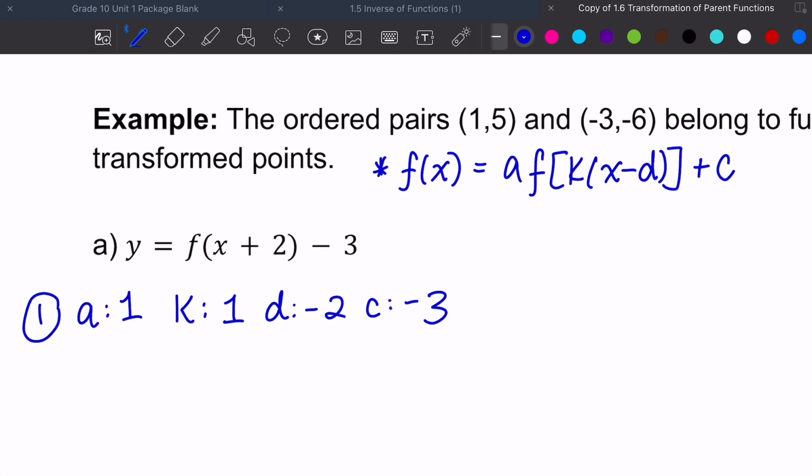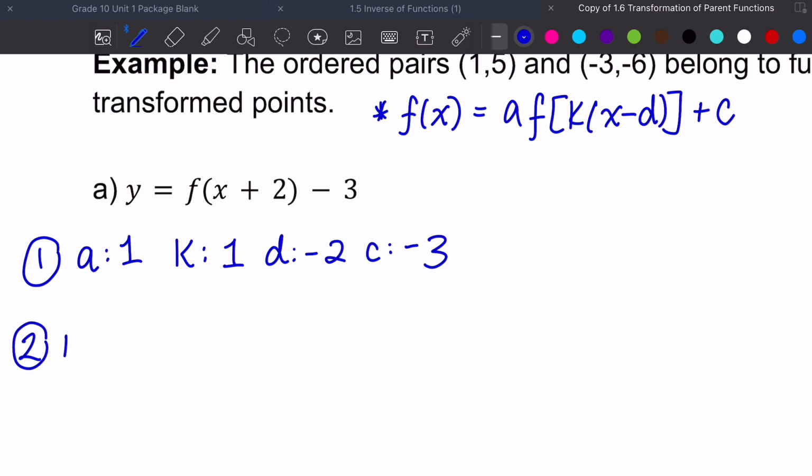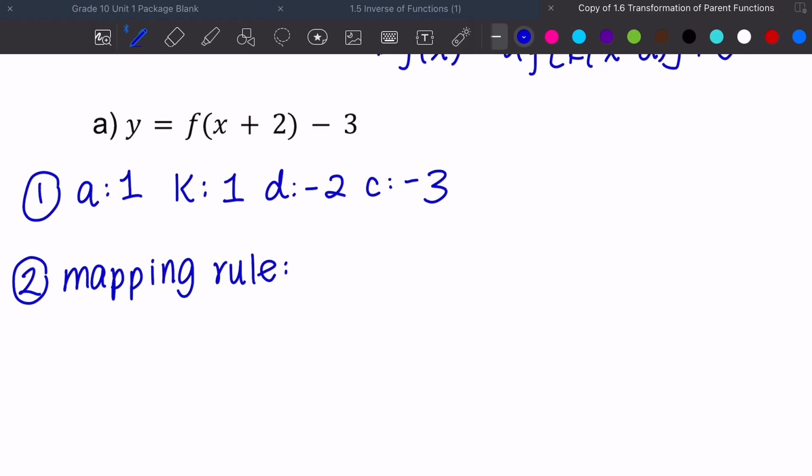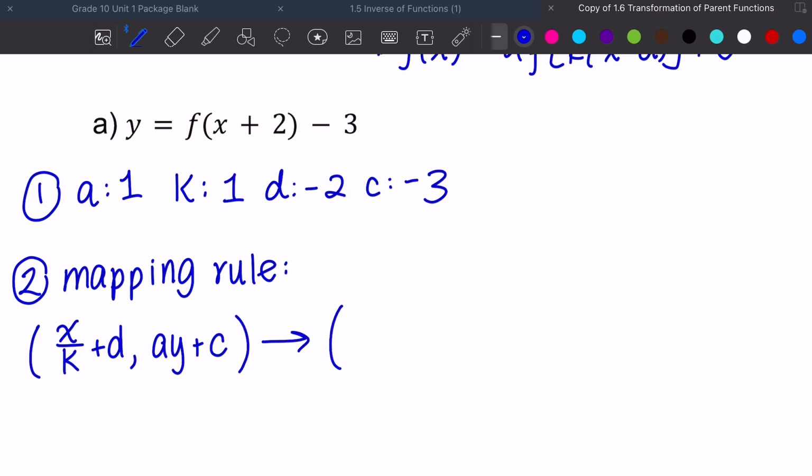Now I've got my values, I can build my mapping rule, the formula that's gonna transform all of my points. I'll write the general form first to re-jog our memory: x over k plus d, a y plus c. Now I'm just gonna plug in my values: x over 1 minus 2, and then my a value is 1 times y minus 3.